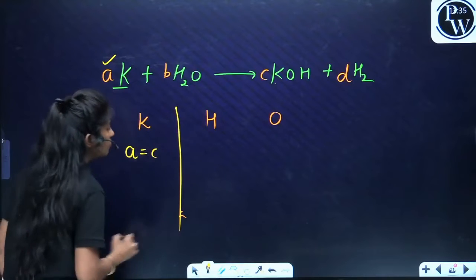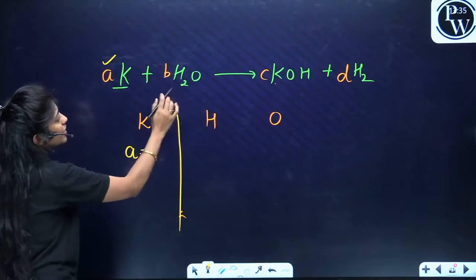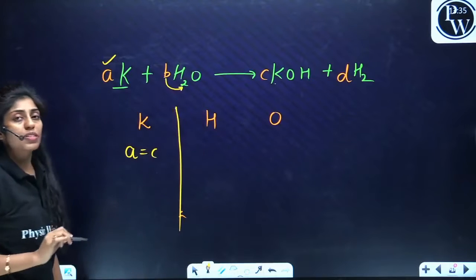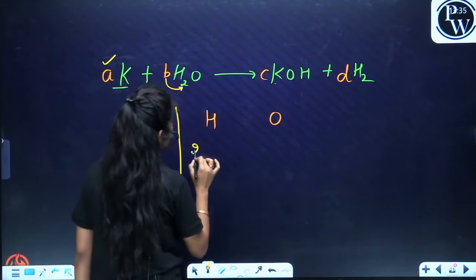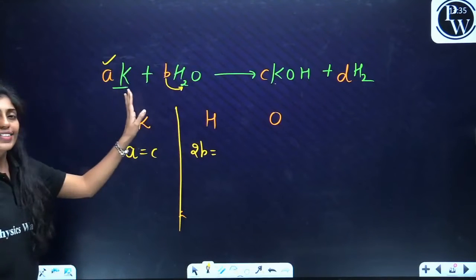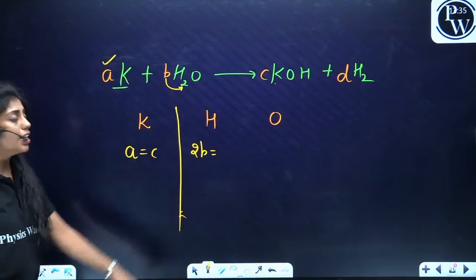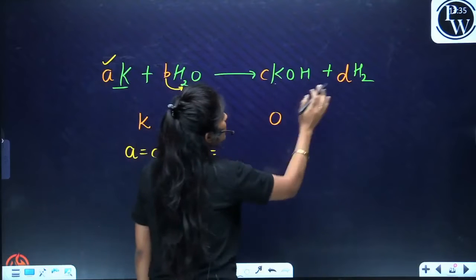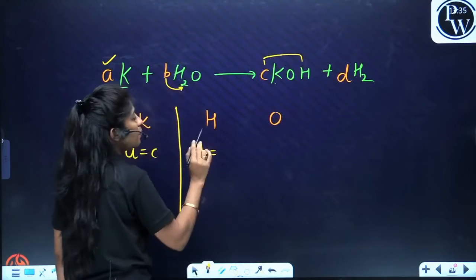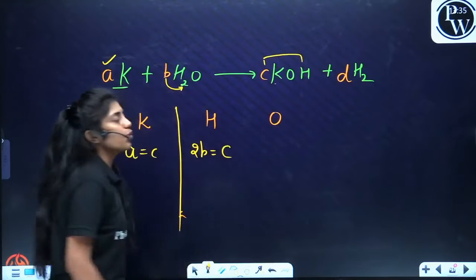Now, for hydrogen, I can see this coefficient is going to multiply by this subscript, that is 2B. Can you see any other hydrogen on the reactant side? No. So I will be writing the equal sign, and next I will say the hydrogen is present with C. How many? Only one. So I will be writing C only.